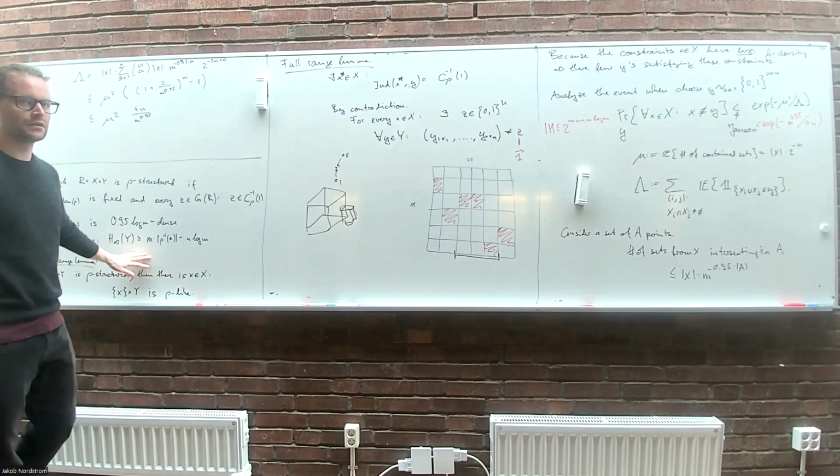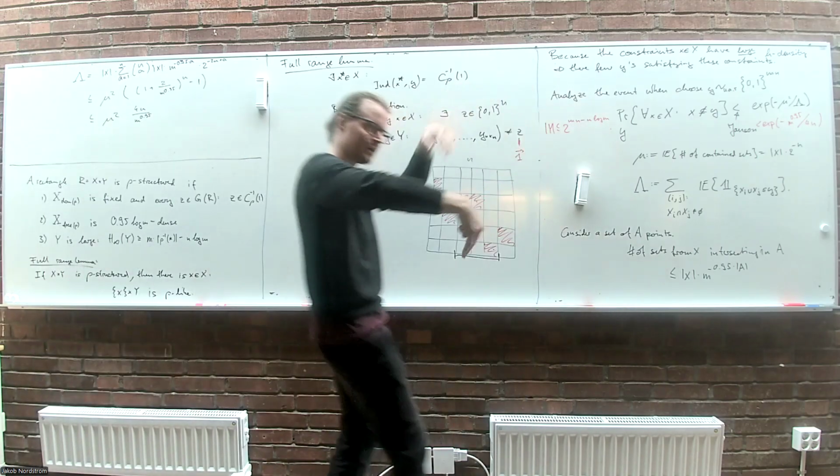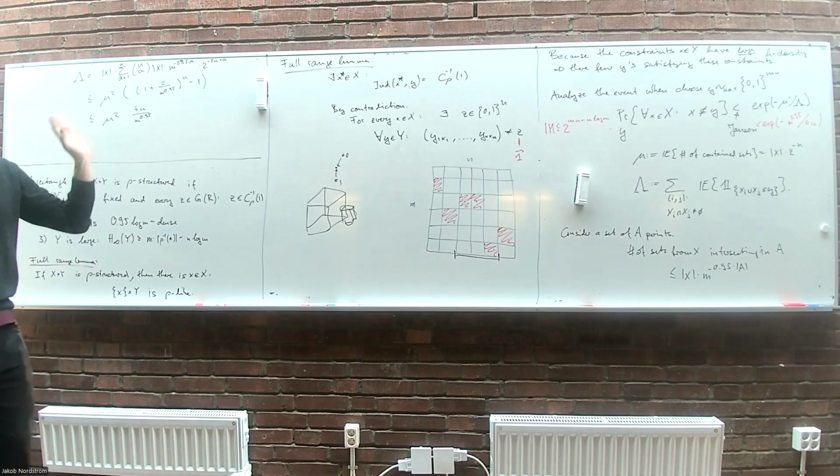Yeah. From this is an upper bound, and then you have a lower bound here, and then you find the contradiction.